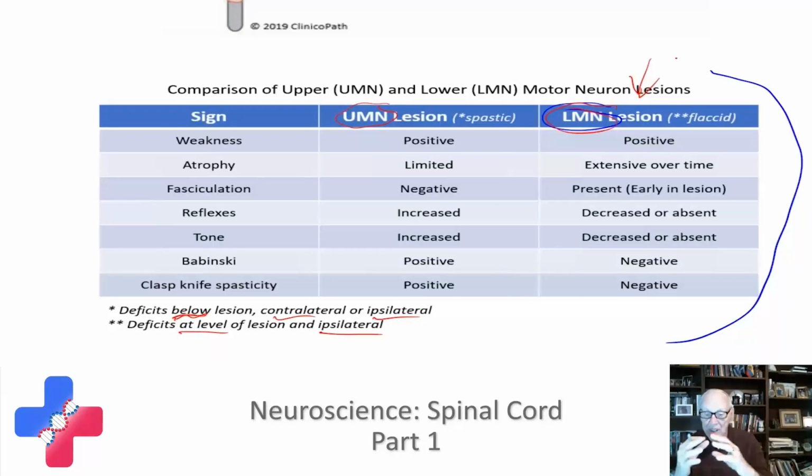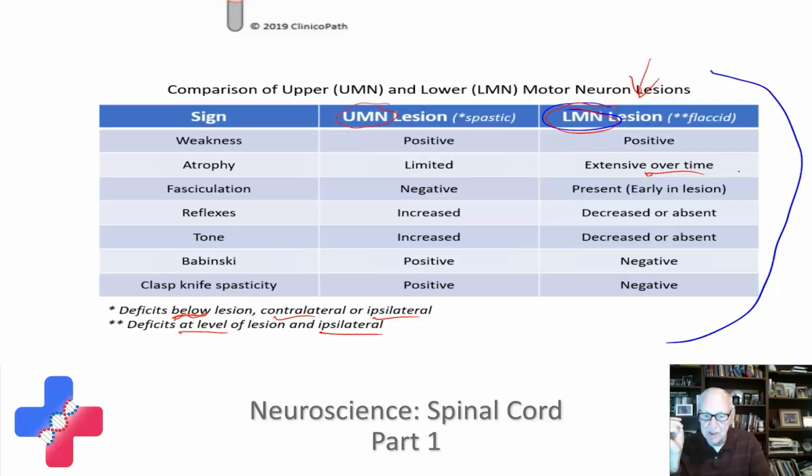So there's significant atrophy. When I come into your office with an acute lesion, muscle mass is okay. But I come back a month later, you can notice whatever mass the biceps had is beginning to decrease. So again, there is a significant decrease in the size of the muscle over time.